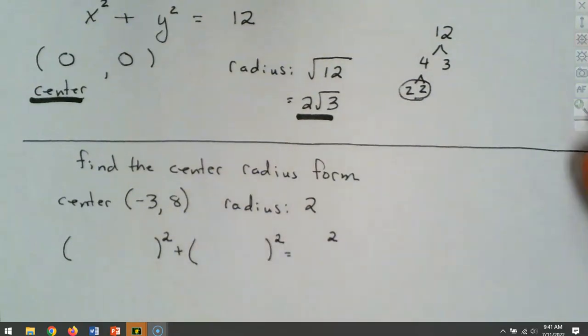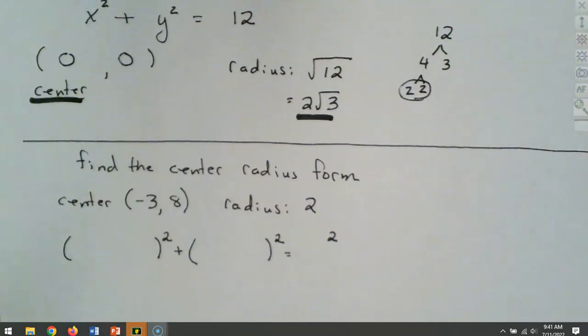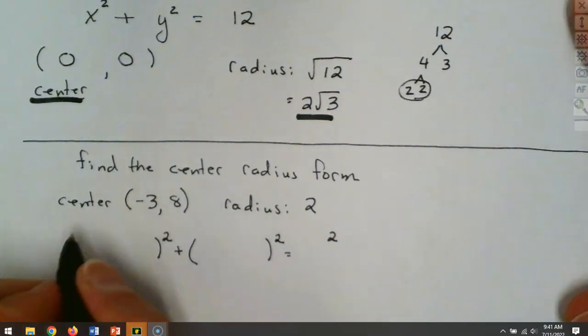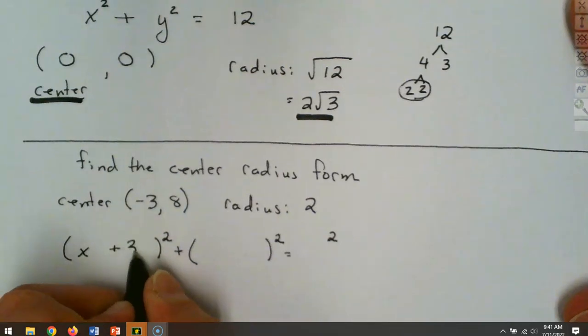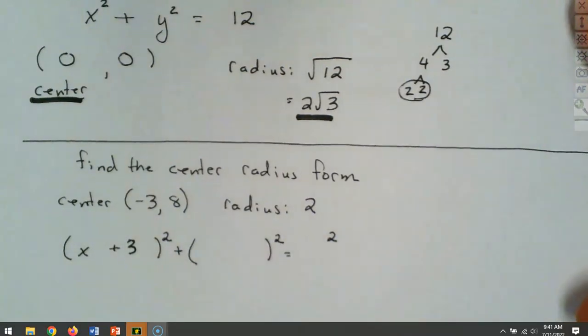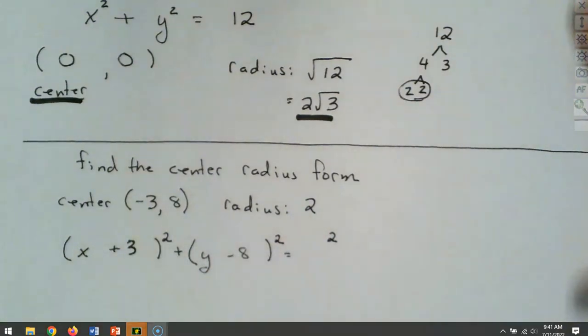So what are we going to put here? The center is at minus 3, 8. Whenever you go from the center to the center radius form, or vice versa, always change those signs for the center. So instead of it being a minus 3, it becomes an x plus 3. And instead of it being a positive 8, it becomes y minus 8.